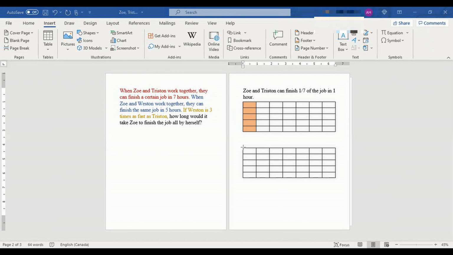Right, so now the blue sentence says, when Zoe and Weston work together, they can finish the same job, the same table, in 5 hours all by themselves. So that means in 1 hour, they would get done 1/5 of the job, 1/5 being a row.